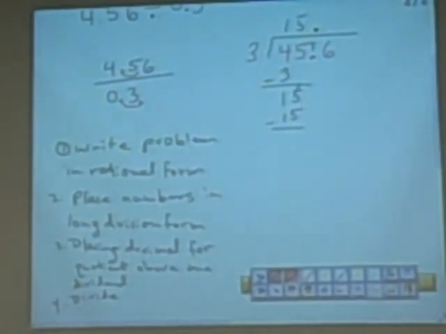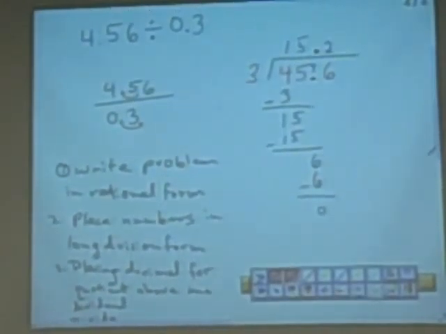Okay, and that goes to 0, so we have to bring the 6 down, right? And so now 3 goes into 6 2 times. 2 times 3 is 6. And so we have 0 remainder. So our answer here is 15.2.